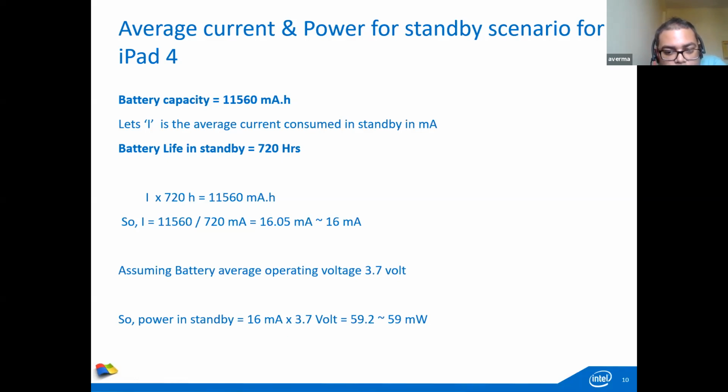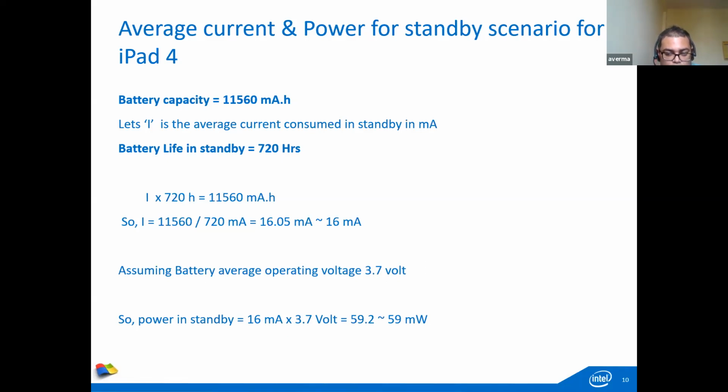Okay, so I hope everybody got how we are converting that specification into the average current consumed or average power for that workload. In general, once you are able to get this power, this is your target for the platform power and performance engineering.